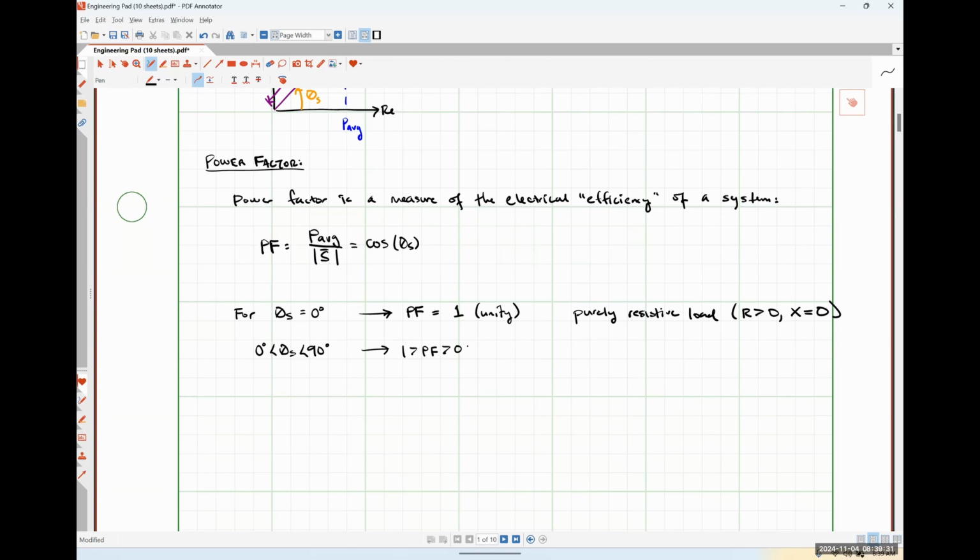When theta s is a positive quantity, we are going to have what's called a lagging power factor, and it is because our current is lagging our voltage in a system. So this means that we have an inductive load where R is greater than 0 and our reactance is also greater than 0.